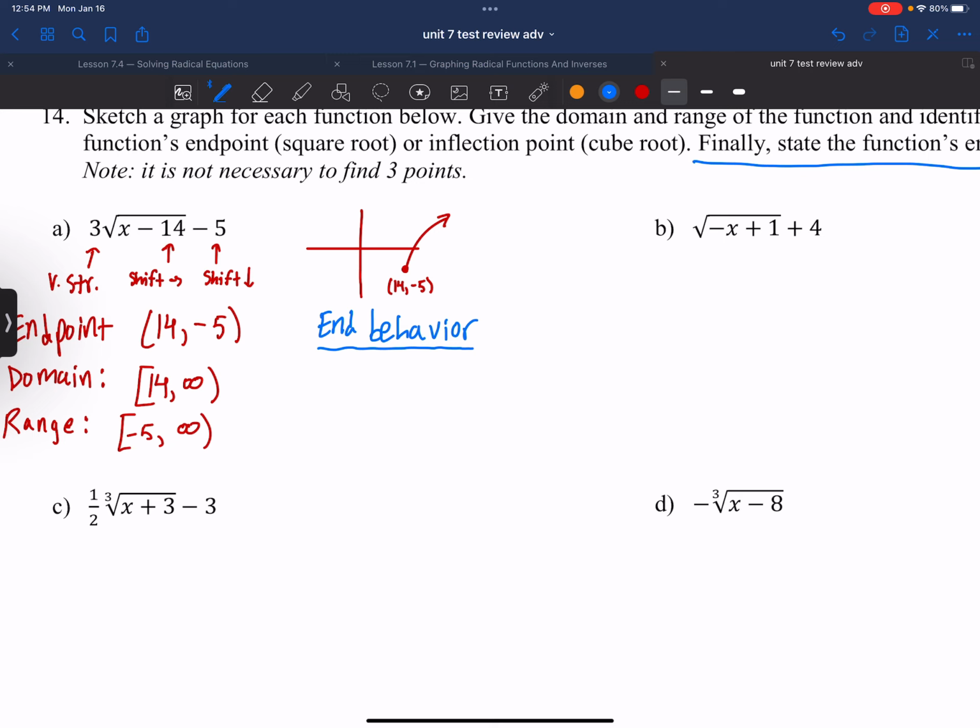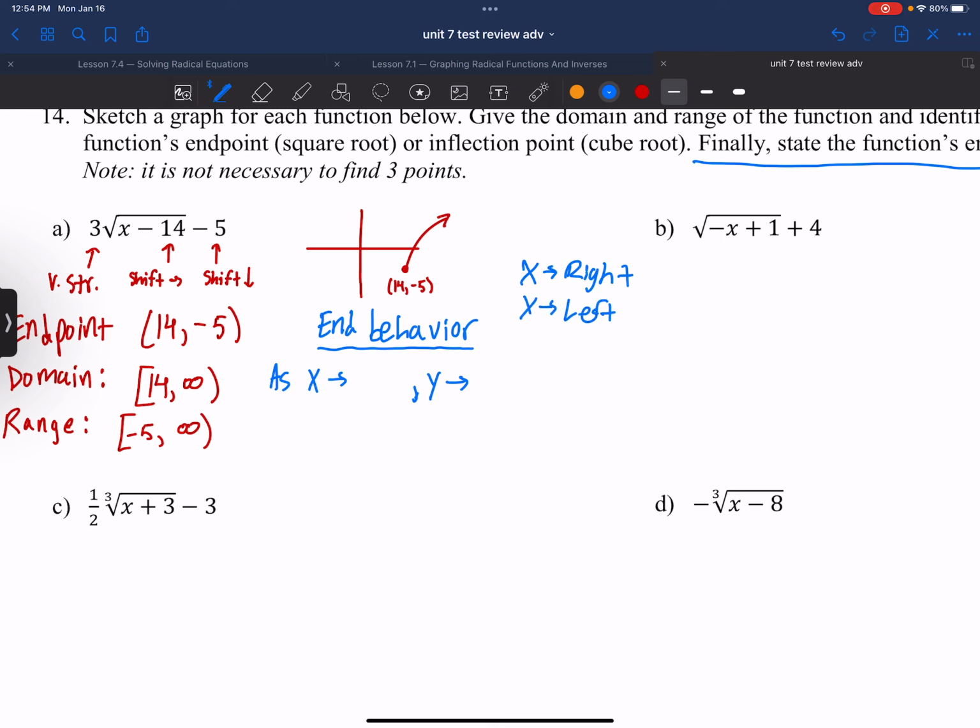So here's how we describe this. The ends of the function, we're going to look at the left end and the right end. And the way we do this is we say, as x approaches some value, then where does y go, right? So you can think of this as, we're going to describe both ends, as x goes to the right and as x goes to the left.